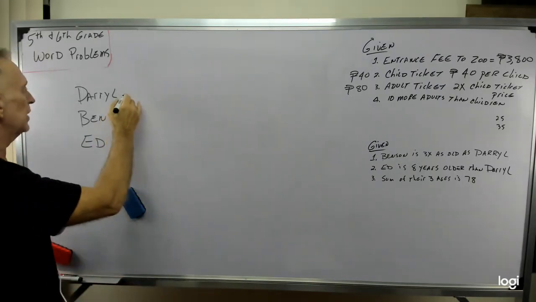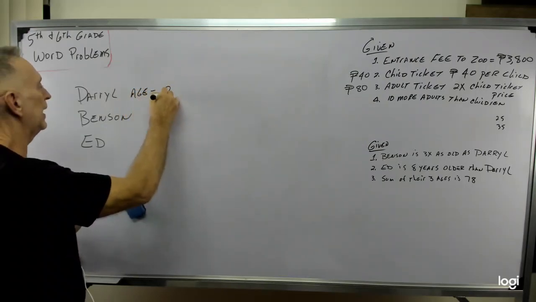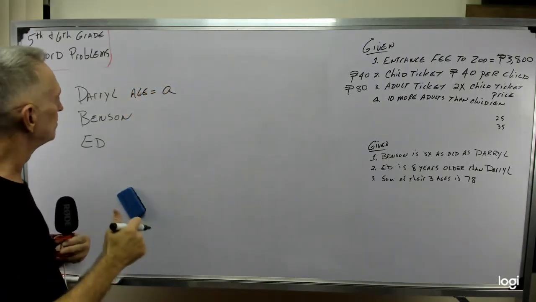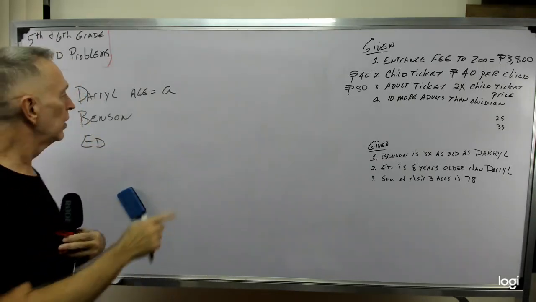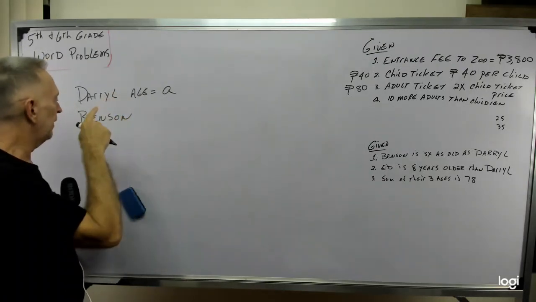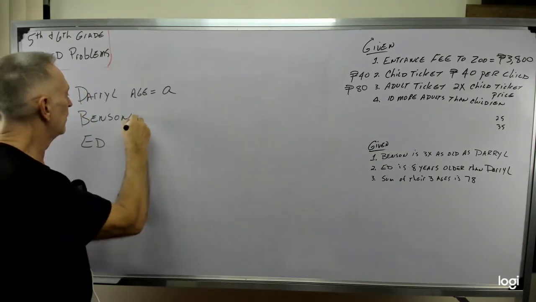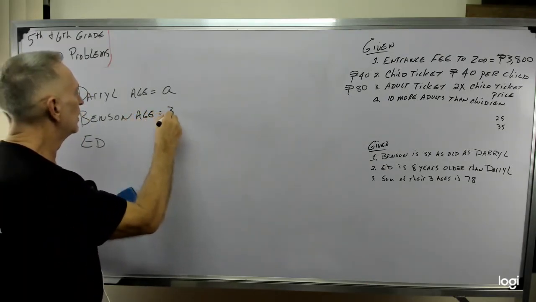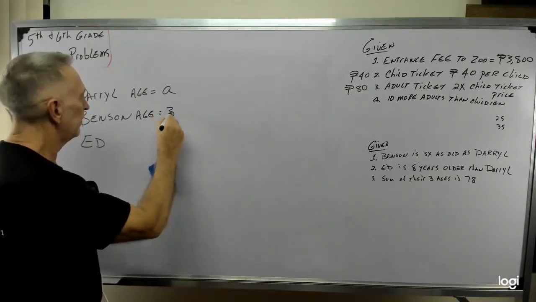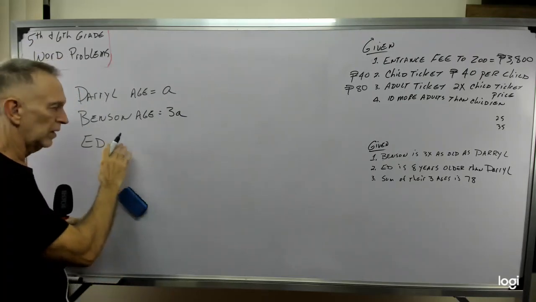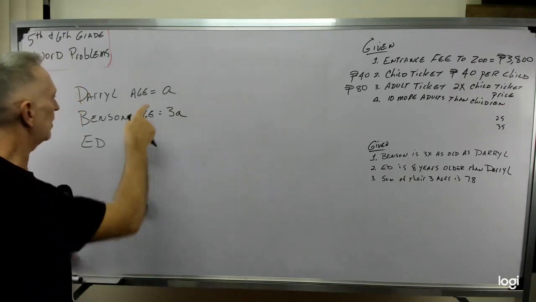Let's let Daryl's age equal A. I like that A. If he is 3 times older, he's 3 times A. As we said, that's just 3A, right? 3A. All right, Ed. Ed is 8 years older than Daryl.